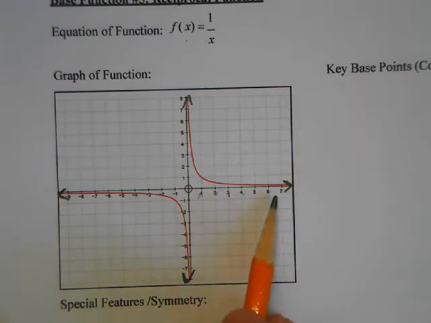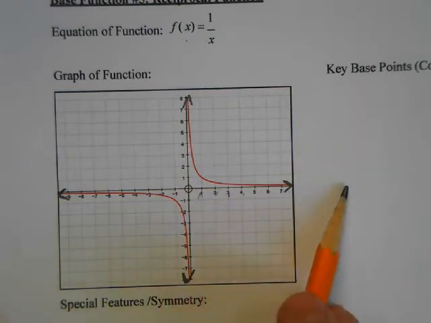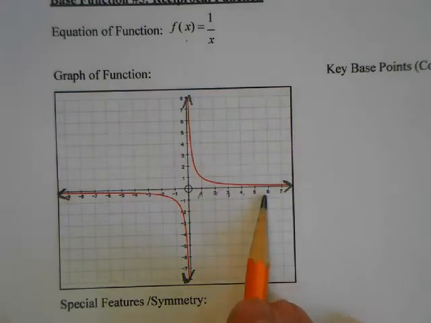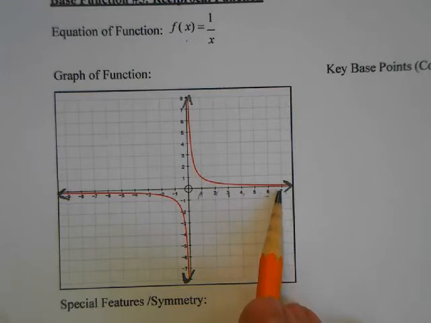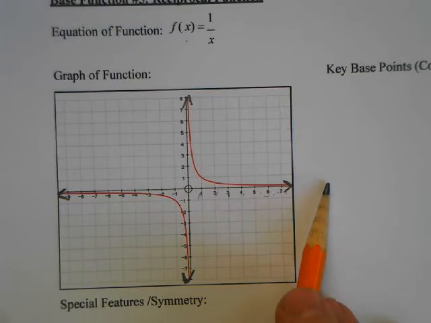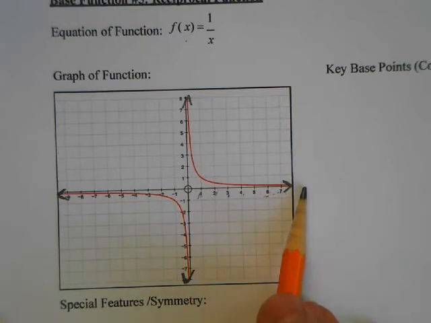Now the interesting thing about this, if I keep going here, it looks like it's going to cross y equals 0, but it doesn't, because as big as x gets, the y value will just be 1 over that value. So if x is 1,000,000, the y coordinate is 1/1,000,000th. It's still positive, it's still above, but it's never going to get to 0.